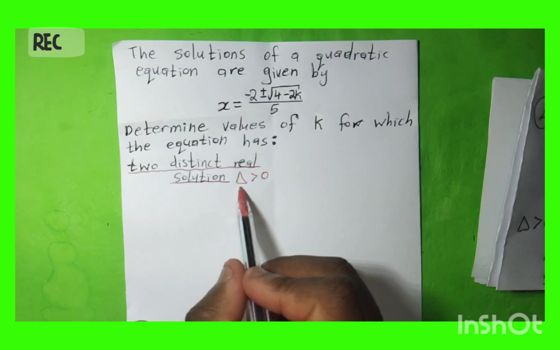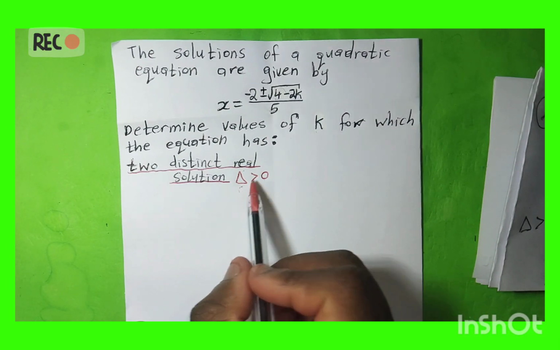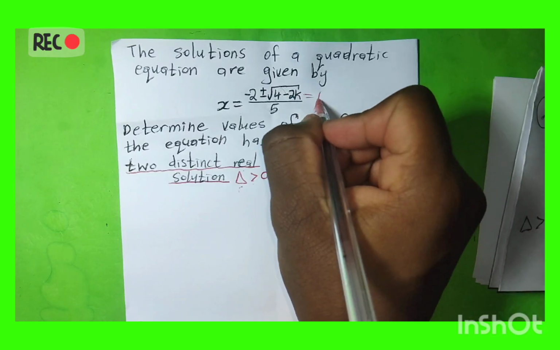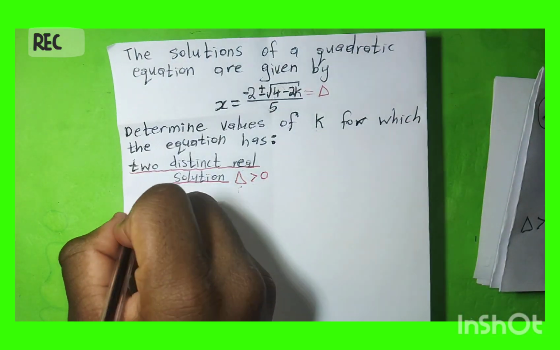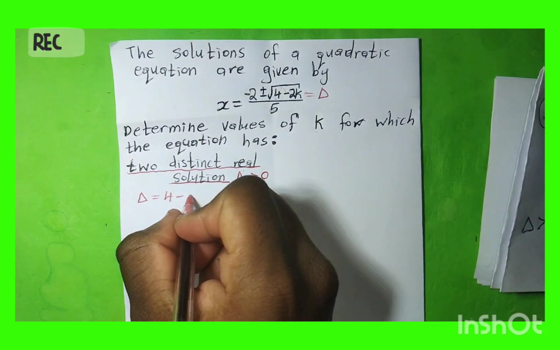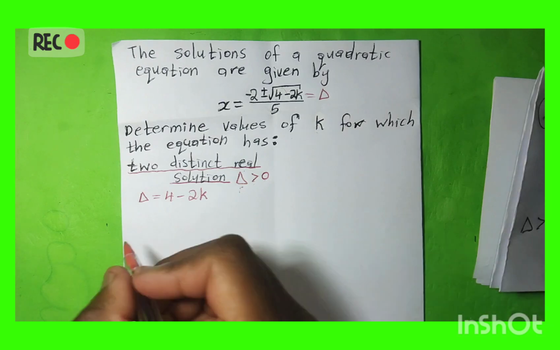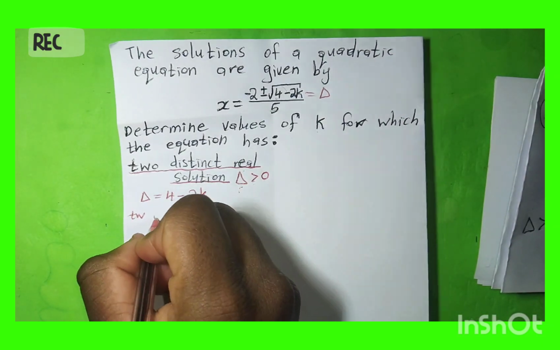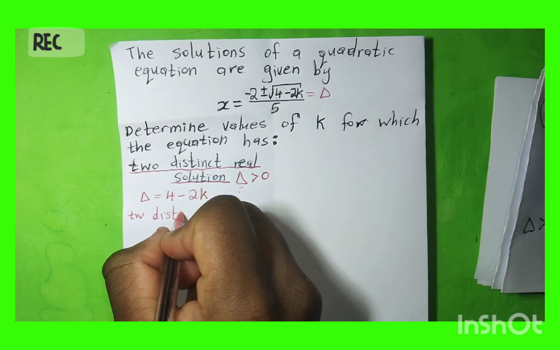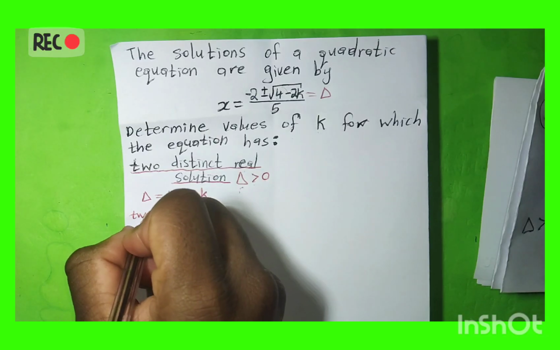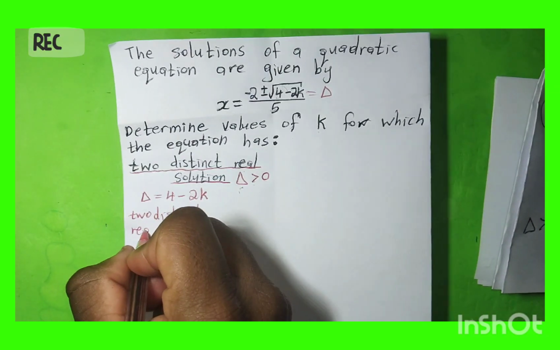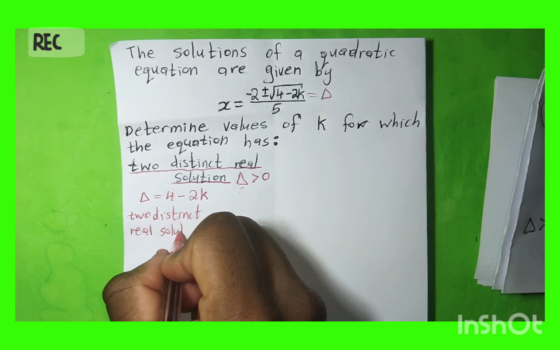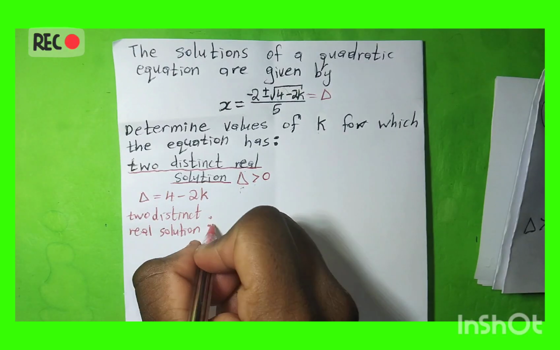But now what should I do? I should identify my discriminant. According to the equation, guys, the discriminant is that one there. Meaning now I know the discriminant is 4 minus 2k. But now I need it where there are two distinct real solutions. What does all that mean, guys?